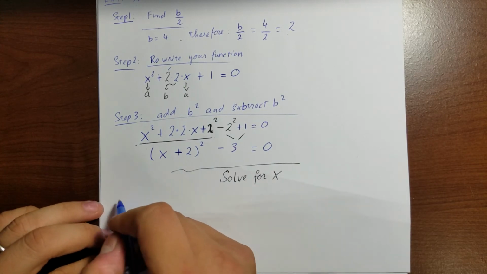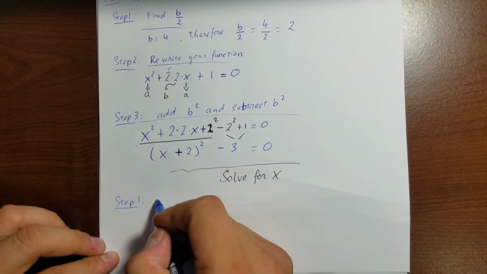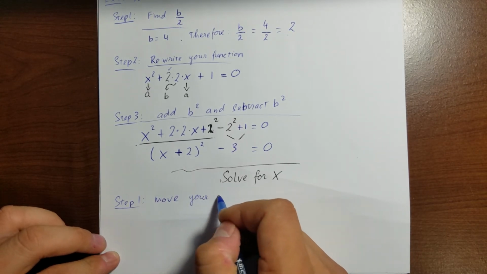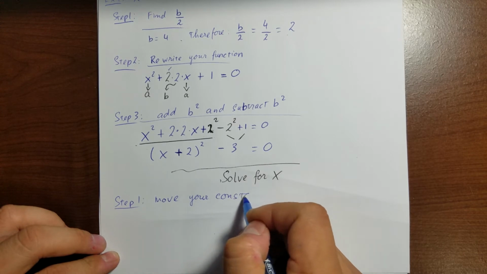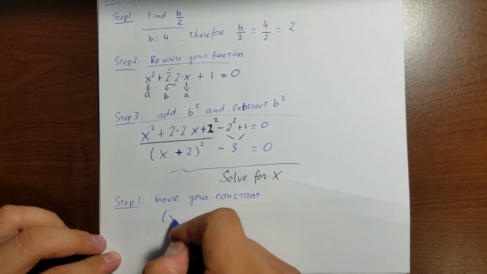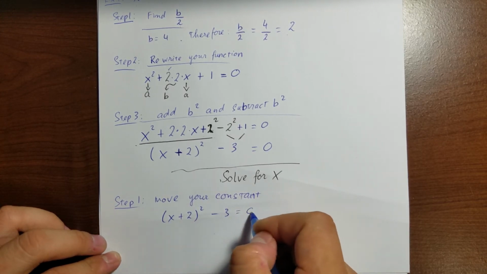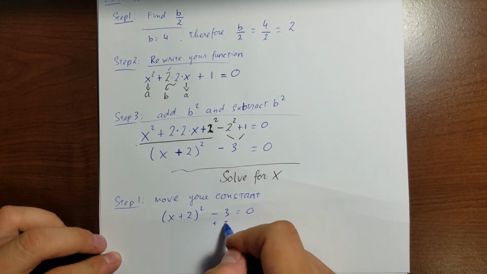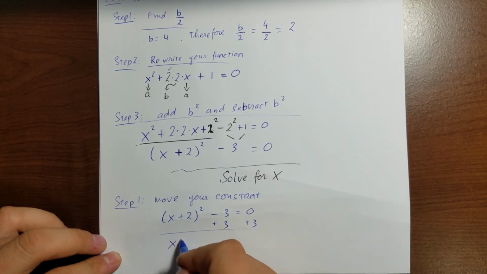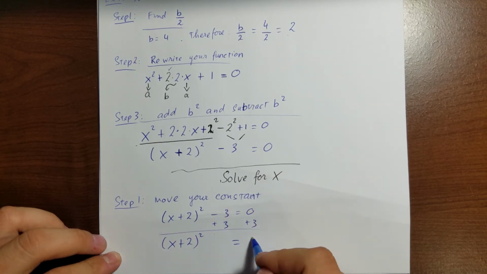You just have to move your constant, meaning you have x plus 2 squared minus 3 equals 0. You move your constant by adding 3 on both sides, which gives you x plus 2, all squared, equal to positive 3.